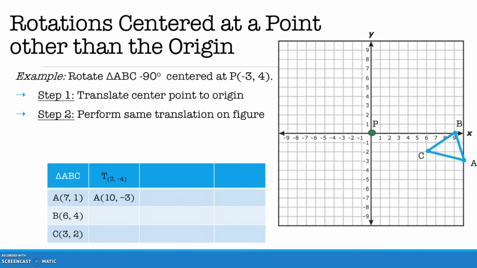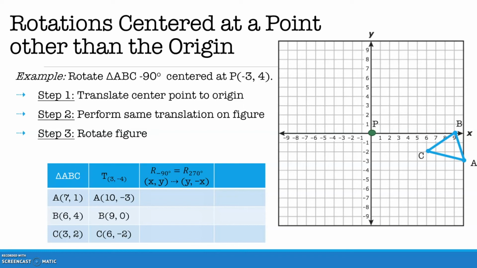So in this case, A would move to 10, negative 3, B, 9, 0, and C, 6, negative 2. Now you're going to rotate that figure, in this specific case, once to the right, which is negative 90 degrees, or a rotation of 270, which is 3 times to the left.